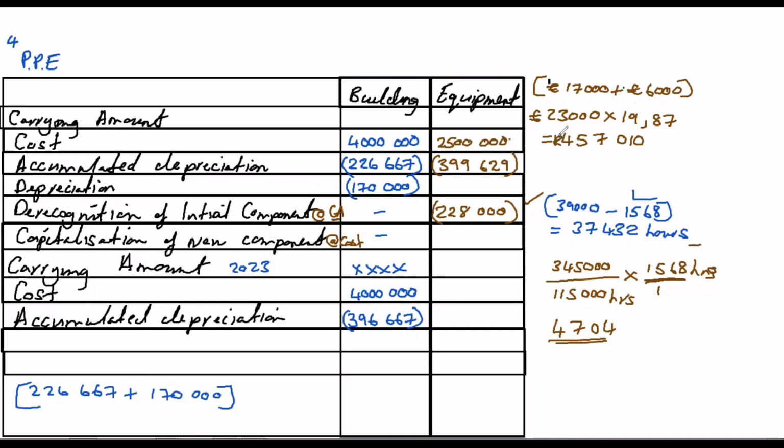So once you've converted, then you can depreciate. What I like about depreciating using units is you don't need to think. They will tell you the expected hours and how many hours you've used so far. To be straightforward, you'll come here and say 457,010 over 140,000 hours multiplied by 6,000 hours.